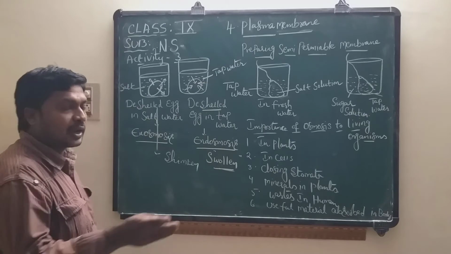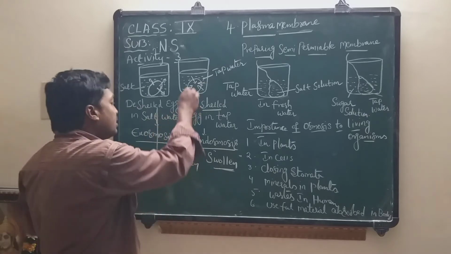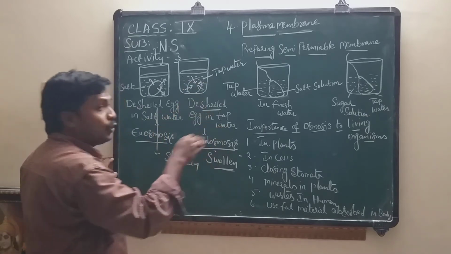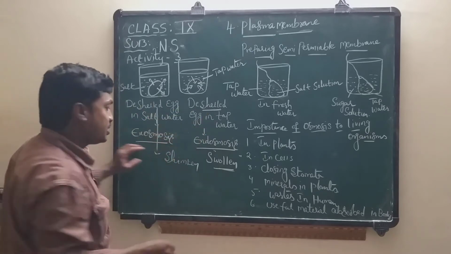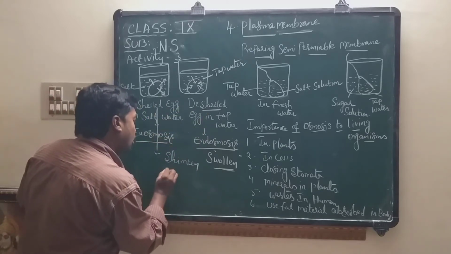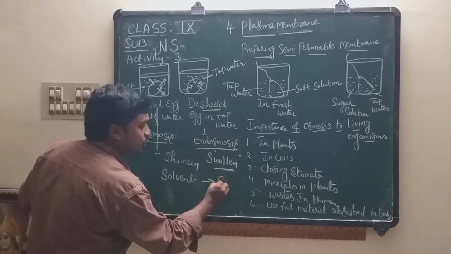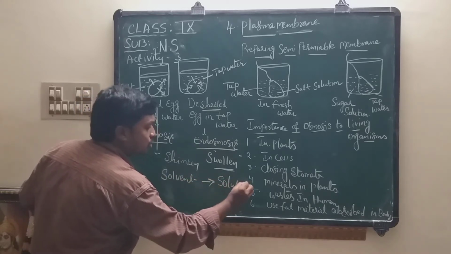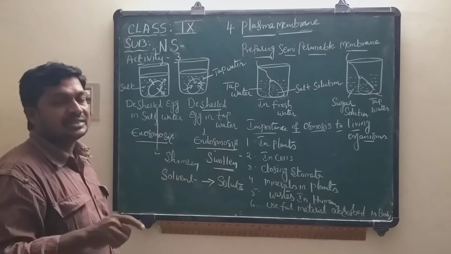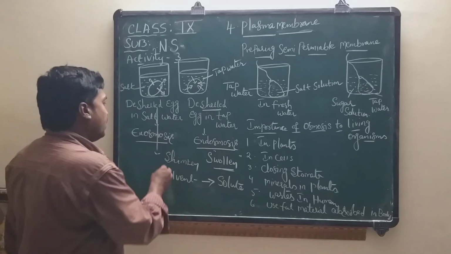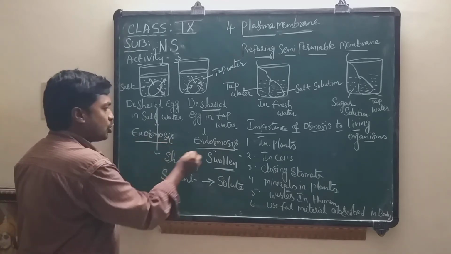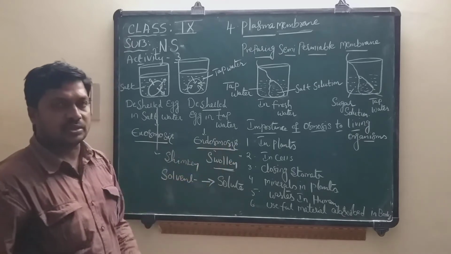Here, the tap water enters into the de-shelled egg. This is called endosmosis. In these two situations, only solvent molecules move towards the solute molecules through a membrane known as a semi-permeable membrane.